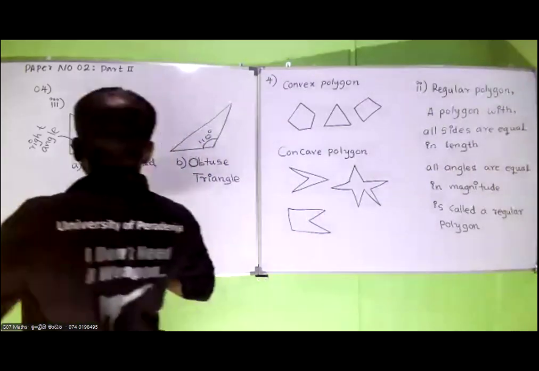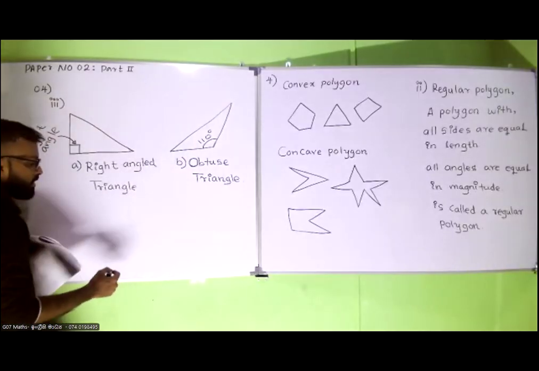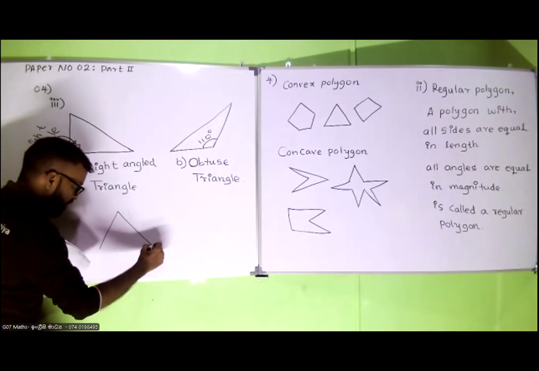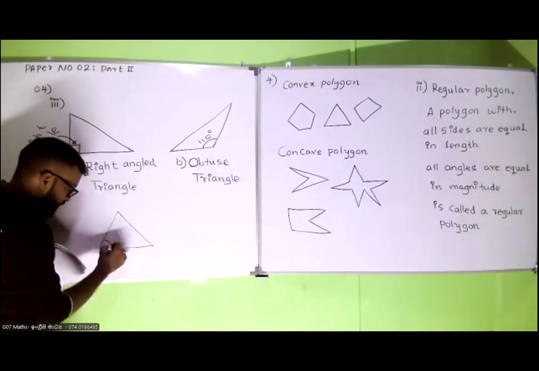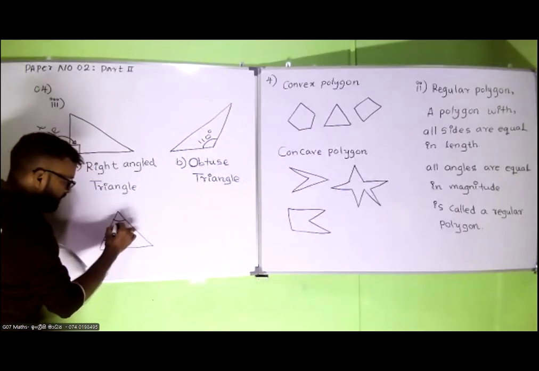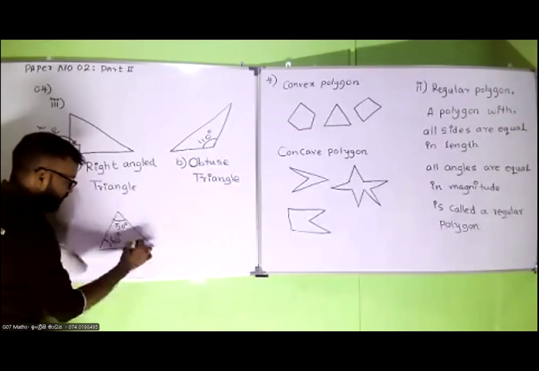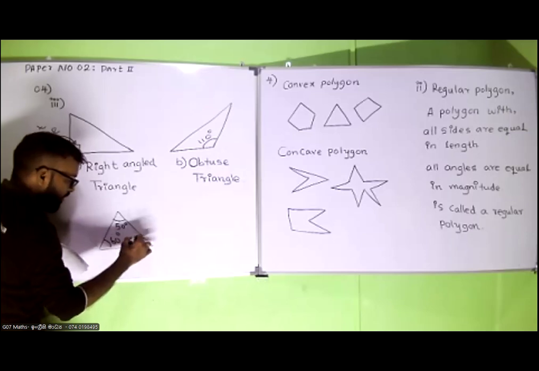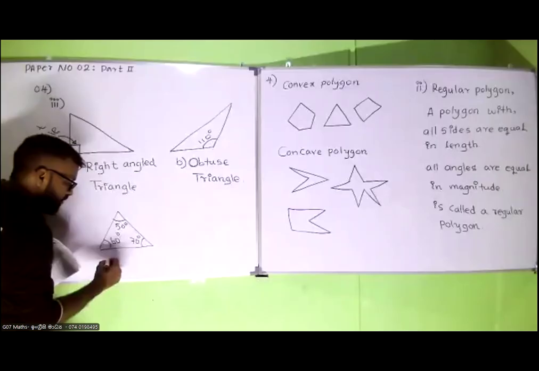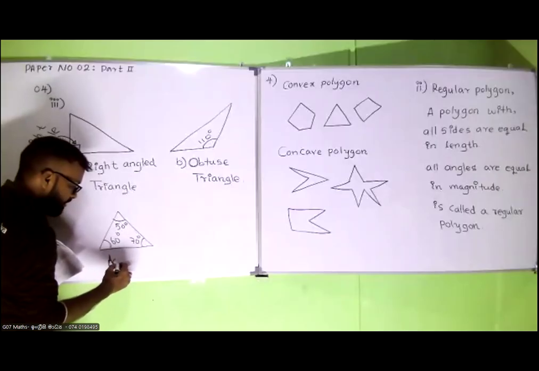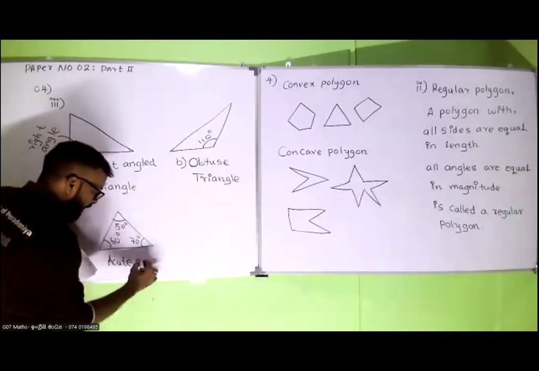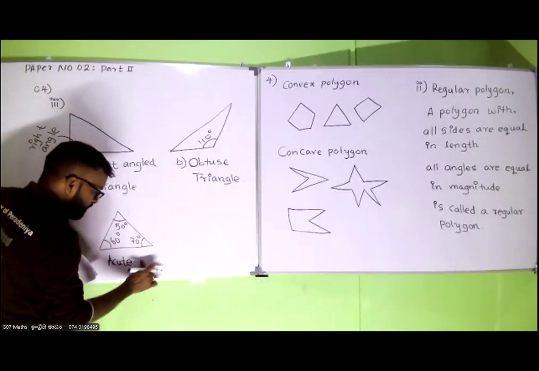If you have this 60 degrees, this 50 degrees, and this 70 degrees, all the angles are acute angles. So we can say this is an acute triangle.